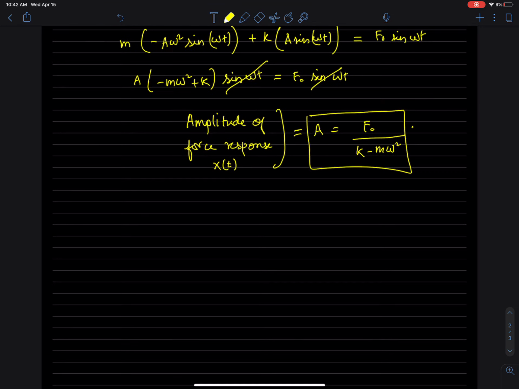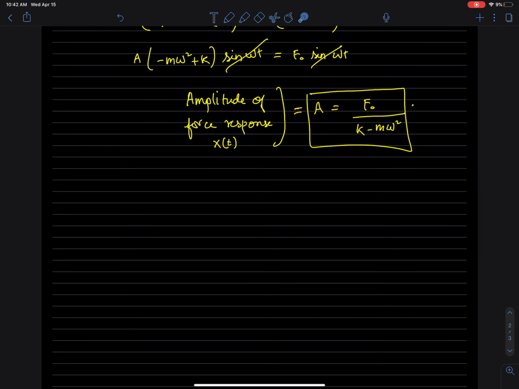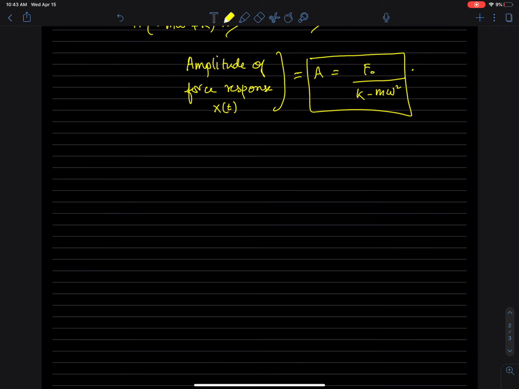If you have an amplitude of external force f naught, the amplitude of the motion a is going to be f naught divided by k minus m omega square, or you can rewrite that, dividing the numerator and denominator by k.